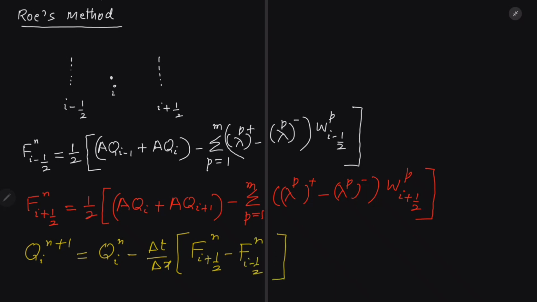So we need to put this expression for Roe's method over here, and put f n at I minus 1 half over here.